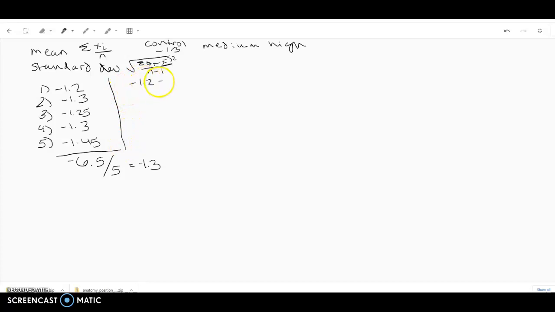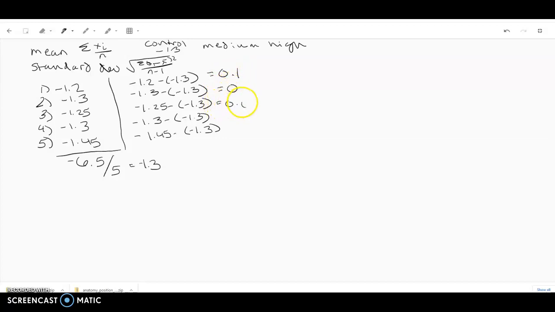So negative 1.2 minus negative 1.3, negative 1.3 minus negative 1.3, negative 1.25 minus negative 1.3, negative 1.3 minus negative 1.3, negative 1.45 minus negative 1.3, and if you do your math, you should get, so that's 0.1, 0, 0.05, 0, negative 0.15.